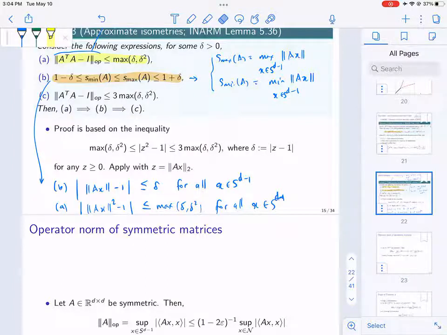Yeah, the only difference is that this is squared here, right? The other one is not.